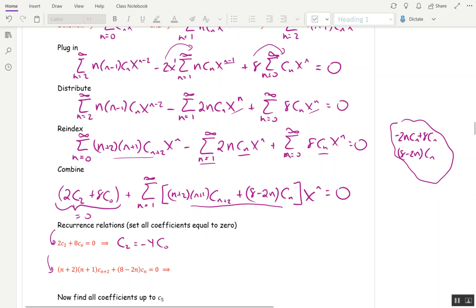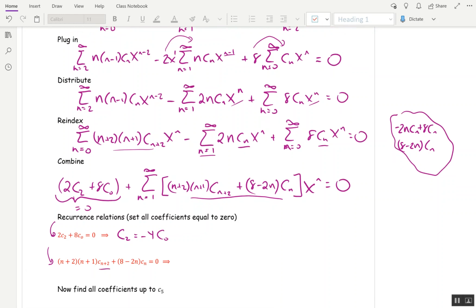And for this one, I'm going to solve for Cn plus 2. Okay, so I bring the 8 minus 2n Cn over with a minus in front of it, so I can just change the sign: 2n minus 8 instead of 8 minus 2n times Cn, and then divide by n plus 2, n plus 1.